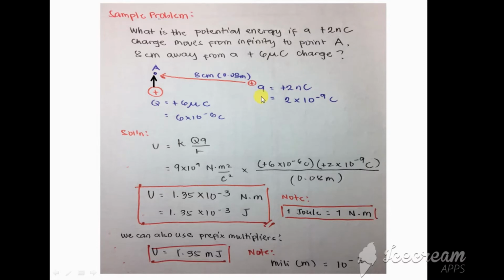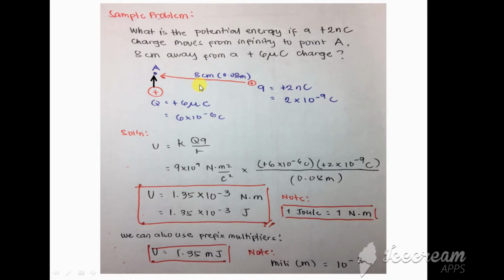Now, the small letter q here is positive 2 nanocoulomb, or simply 2 times 10 raised to negative 9 coulomb. And the point charge, which has a value of positive 6 microcoulomb, is also equal to 6 times 10 raised to negative 6 coulomb.